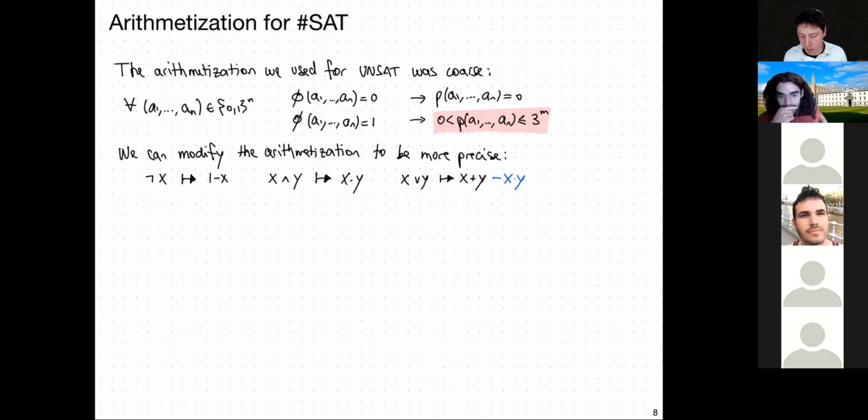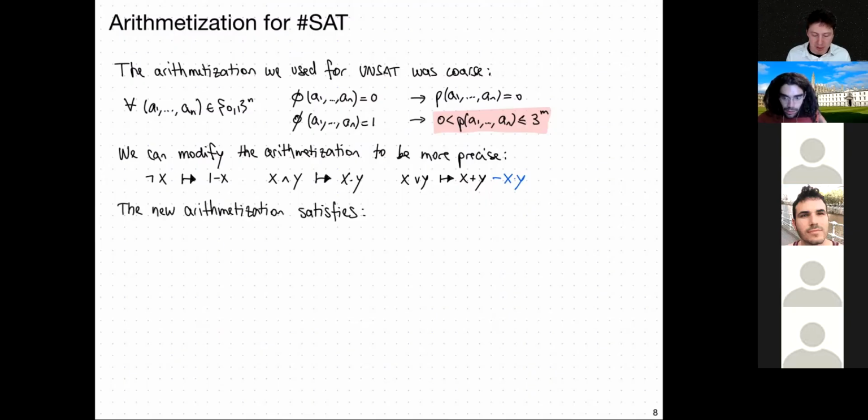If we have 1 or 0, you should get a 1, right? That means you get 1 plus 0 minus 0 times 1, still a 1. And if you get 1 or 1, you should get a 1. Well, that is 1 plus 1, that's 2, minus 1 times 1, that's still 1. And even if we have characteristic 2, you will get 1 plus 1, that's 2, that's a 0, minus 1 times 1, which is minus 1, which is still 1.